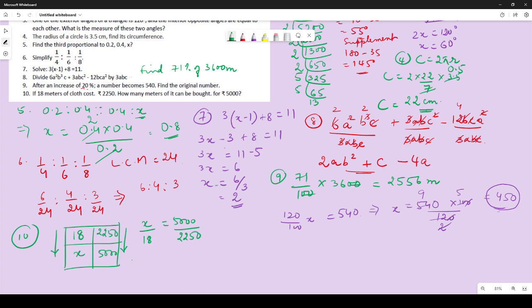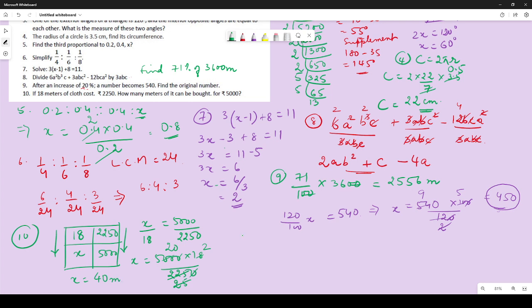So x is equal to 5,000 into 18 by 2250. 9 2s are 18, and 9 5s are 45. 25 into 20. So the length of cloth that can be bought is 40 meters.